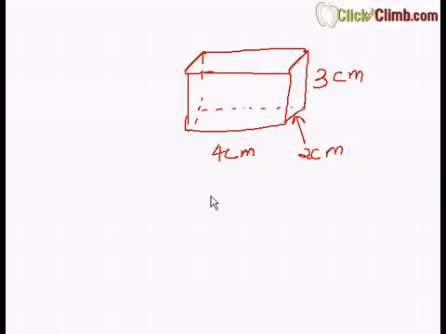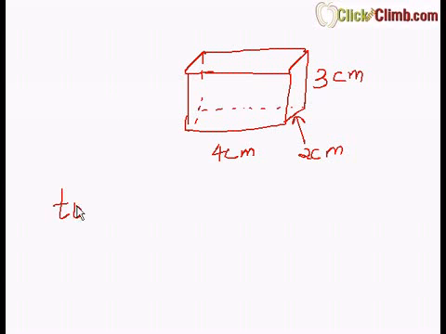So we find the area of the top face. Even if we talk about the top or the bottom, both are the same, so both the areas will be the same. So we first find the area of the top or the bottom face.